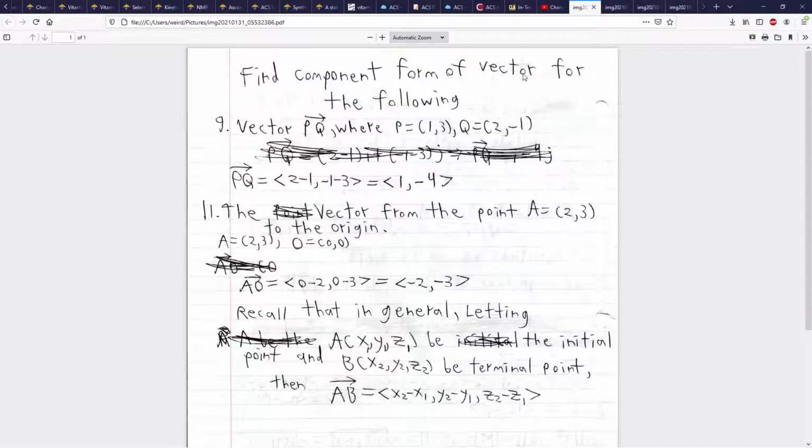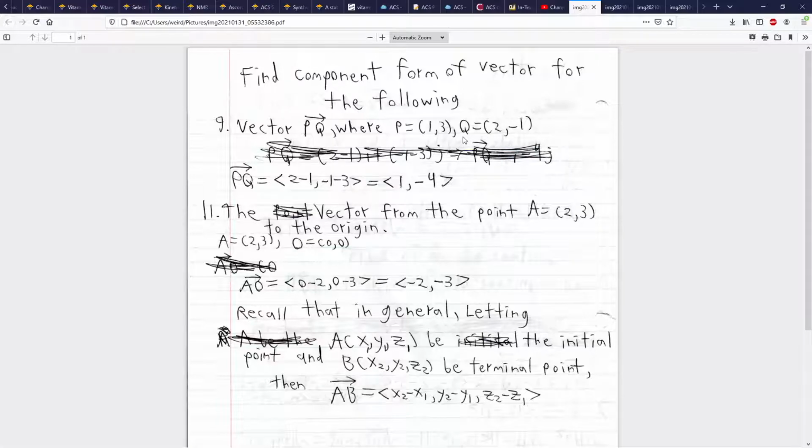So let's find the component form of vector for the following. You have vector pq where p equals 1, 3 and q equals 2, -1 coordinates. So in this case, you just subtract the first one from the second one.